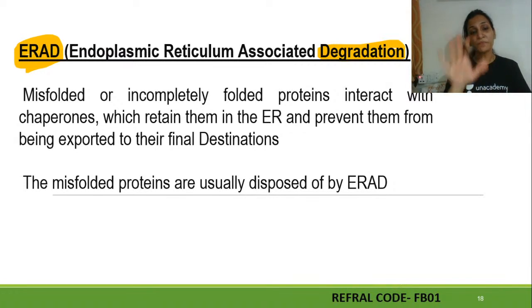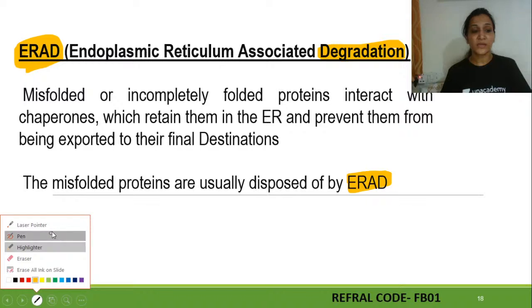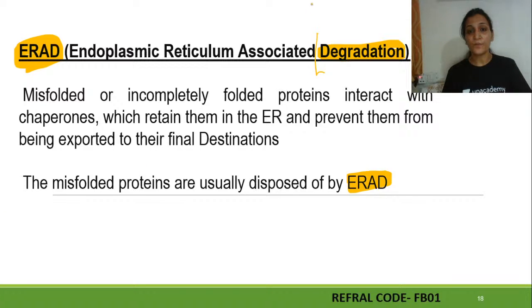So they need to be stopped there only. The misfolded proteins are usually disposed by ERAD, endoplasmic reticulum associated degradation, or endoplasmic reticulum associated protein degradation. Many times in the text it is also written like protein degradation, ERAD, but in the short form they are not highlighting the protein, right?